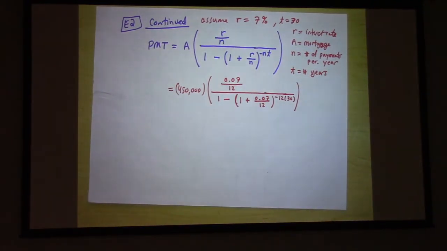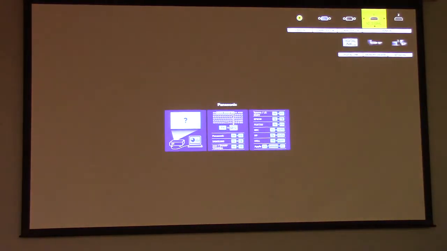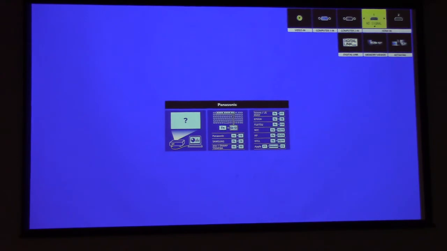So I'm going to flip over here to Wolfram Alpha to do that.